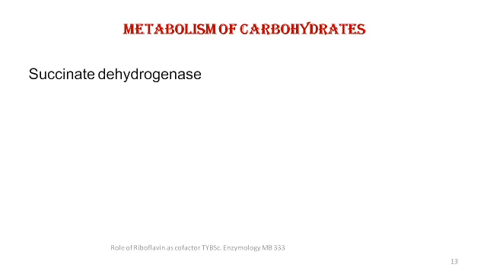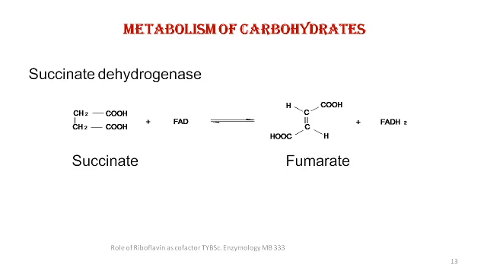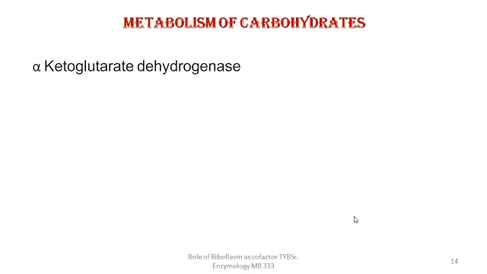The second enzyme which plays an important role in carbohydrate metabolism in the TCA cycle is succinate dehydrogenase, which converts succinate to fumarate. In this reaction, you can see that the H2 are removed and FAD is converted to the reduced form FADH2.